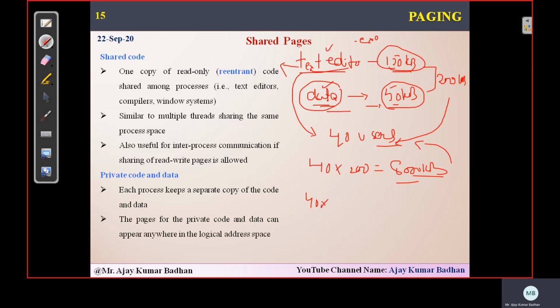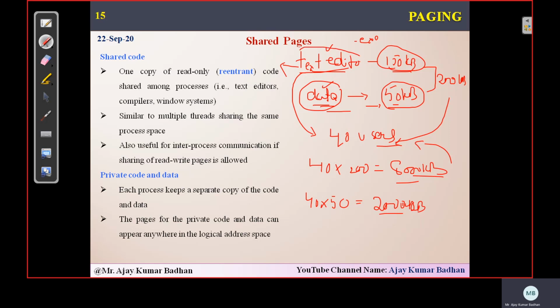So 40 into 50, how much are we getting? Sorry, 2000. 40 into 50 is nothing but 2000. So 2000 KB of memory we need to allocate for data.